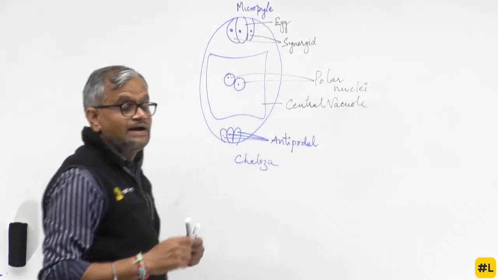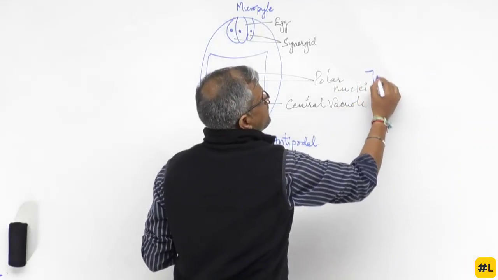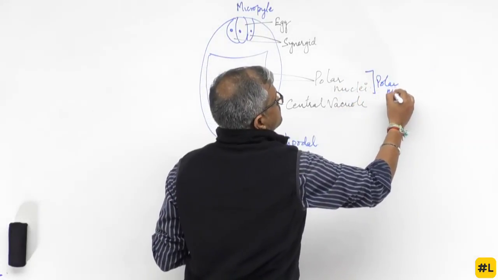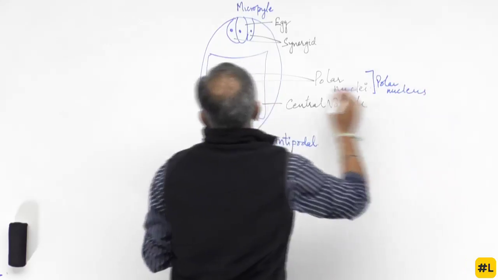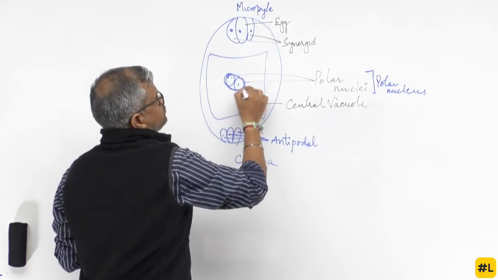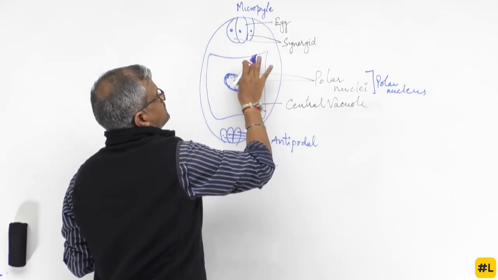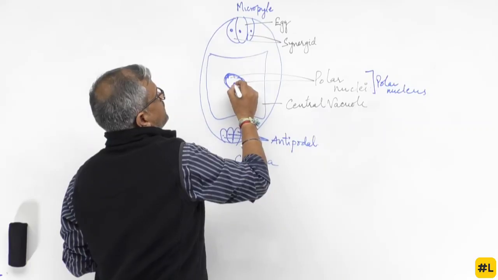Polar nuclei, and these polar nuclei in due course fuse to become 1, and then it is called the polar nucleus.